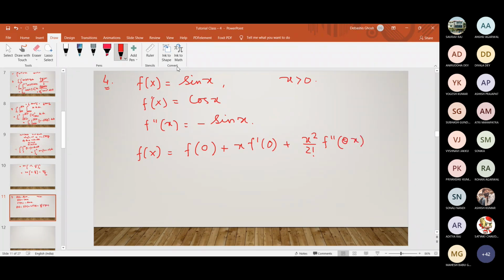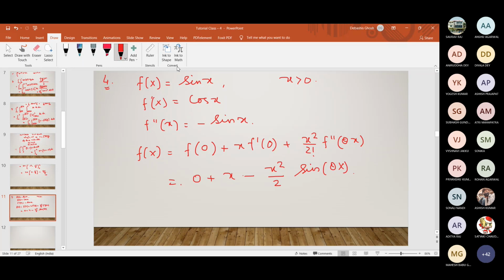Now f of 0 is sine 0, which is 0. Cos of 0 is 1. So that is equal to 0 plus x, plus minus x square by 2 sine theta x.